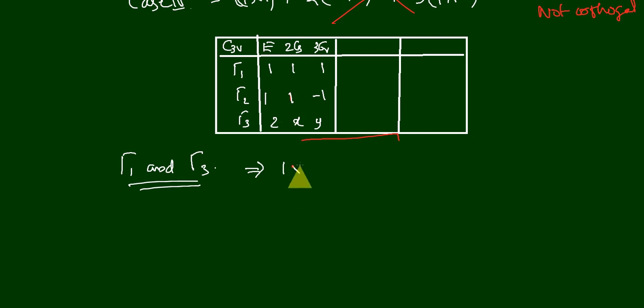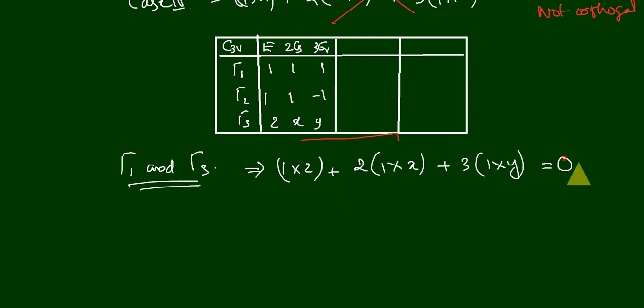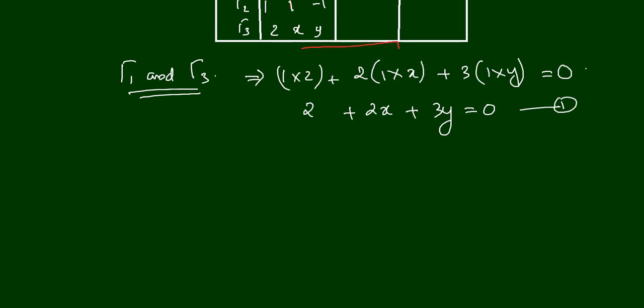Then we have 1 into 2, plus 2 into 1 into x, plus 3 into 1 into y. That should be equal to 0. It means that 2 plus 2x plus 3y should be equal to 0. Let me call this equation number 1.